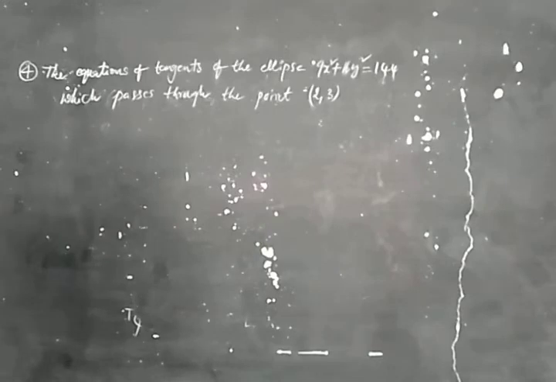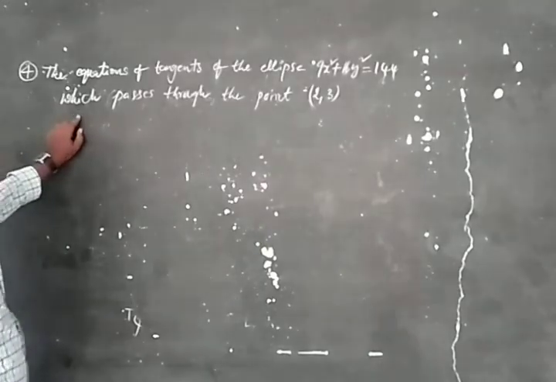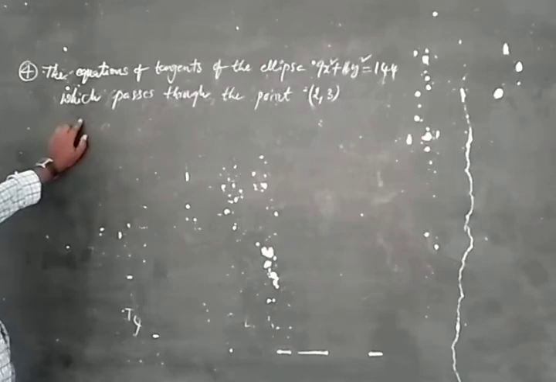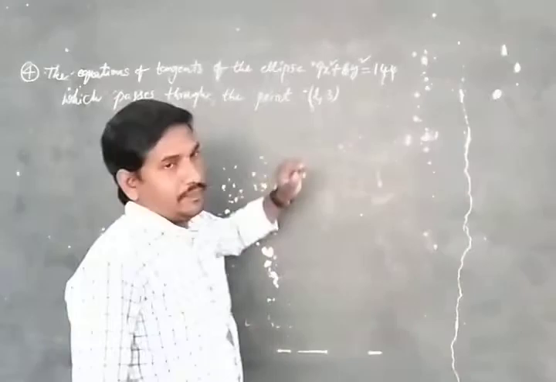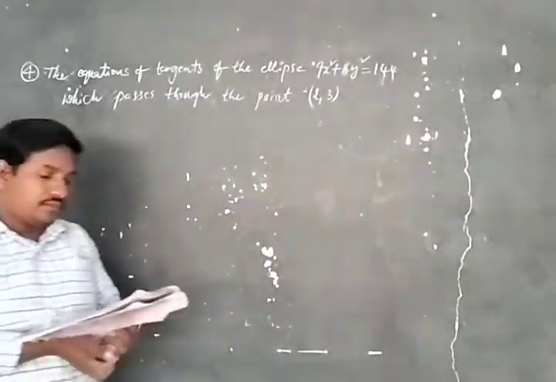Okay, the equation of tangents of the ellipse 9x square plus 16y square equal to 144, which passes through the point (2, 3).